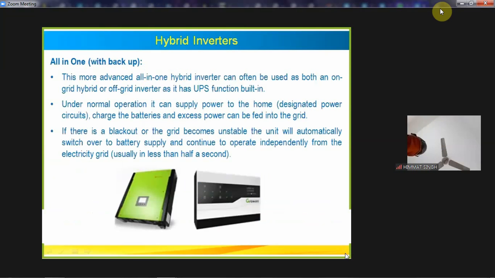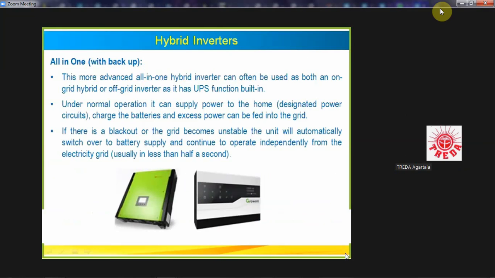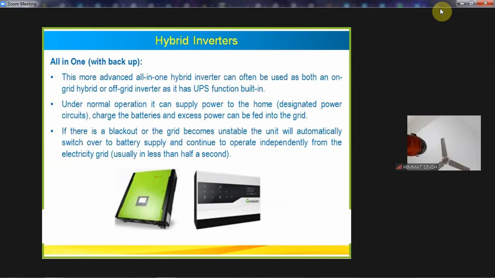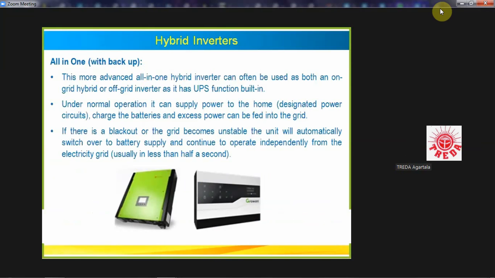This is the hybrid all-in-one. This is the more advanced all-in-one hybrid inverter, and under normal operation, it can supply power to the home. Designated power circuit to charge the batteries and access power carefully.